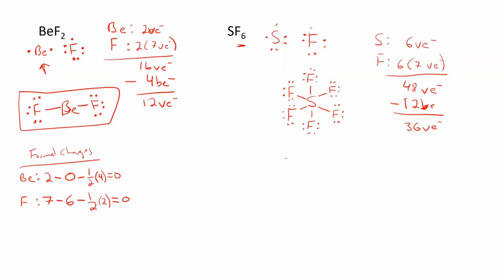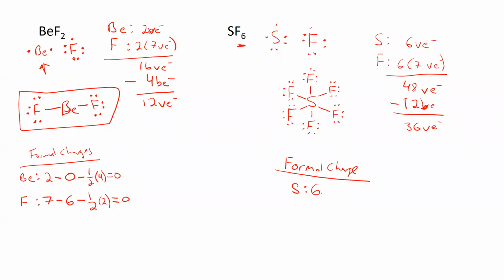Formal charge-wise, first off, all of the atoms except for sulfur have an octet. Sulfur has an expanded octet, which it can have because it's period 3 or below. So for formal charges, okay, we've got our sulfur. Do the middle atom first in this case.